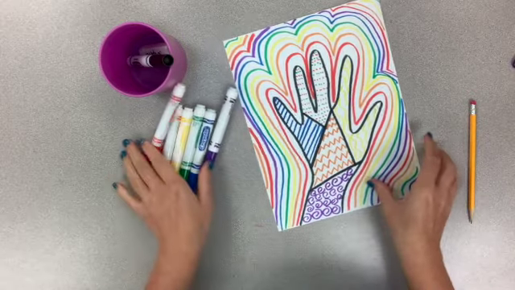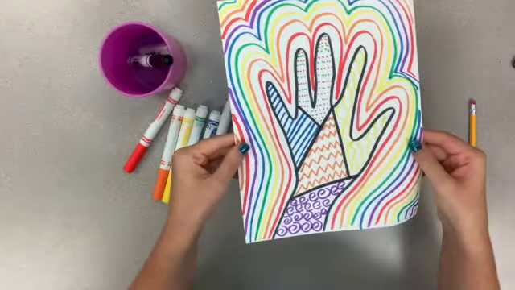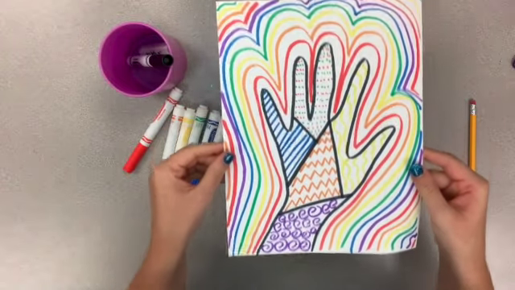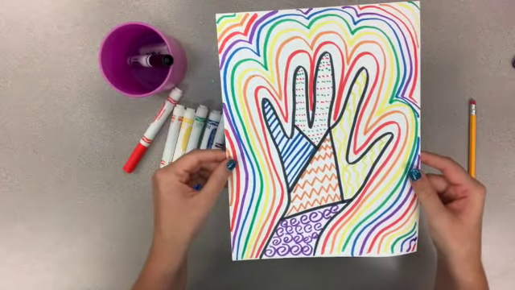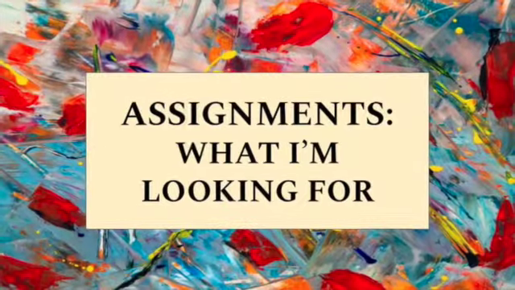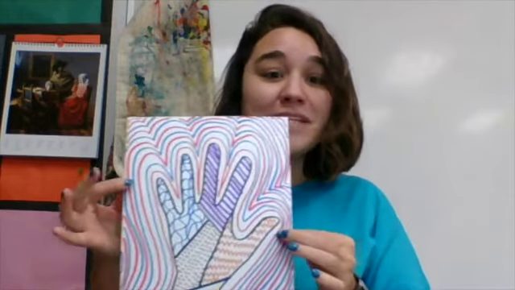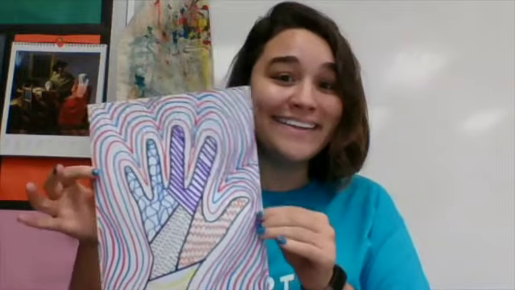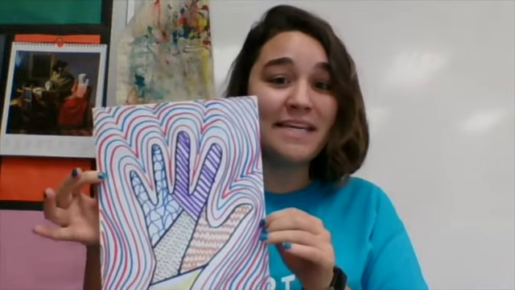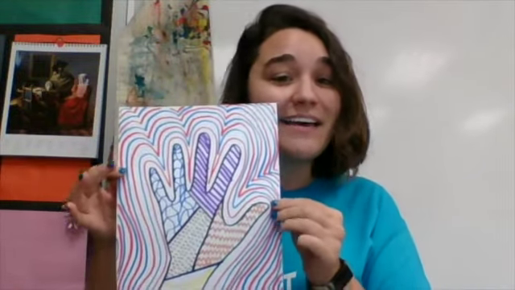Perfect. So boys and girls, this is going to be your hand line design. Let me tell you what I'm looking for in this project. You are going to be making a hand line design. That means I need to see your hand broken up into different sections.